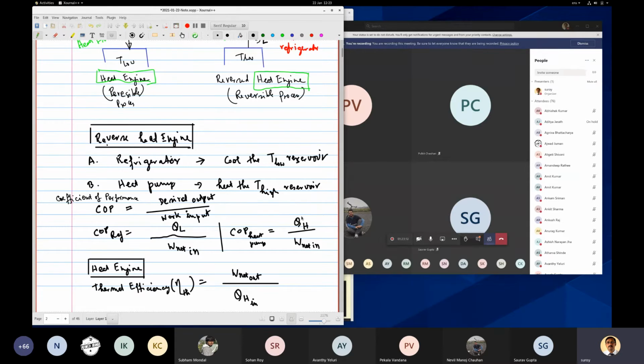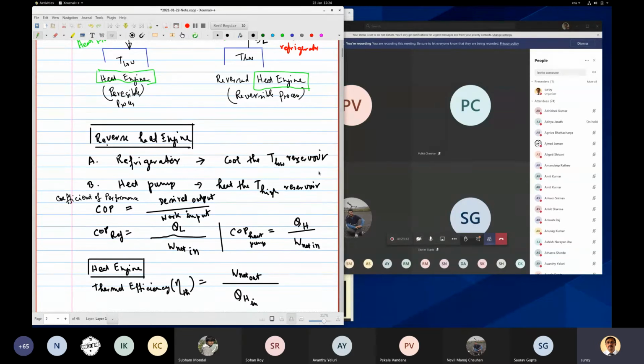That is your desired output, and the work in is what you are spending. So this is how you get the performance of a reverse heat engine.